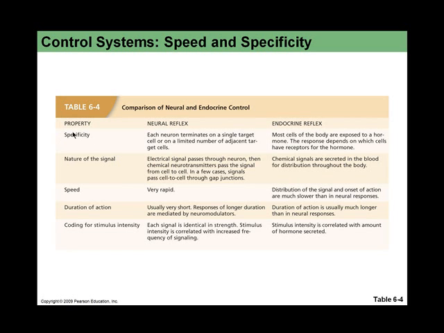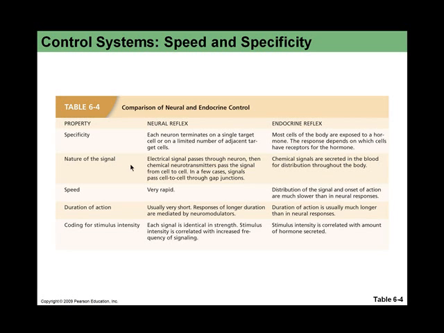So for specificity as a property, for the neural reflex, each neuron terminates on a single target cell or on a limited number of adjacent target cells. The endocrine reflex, most cells of the body are exposed to a hormone. Of course, the response depends on which of those actually express the receptor on the surface.